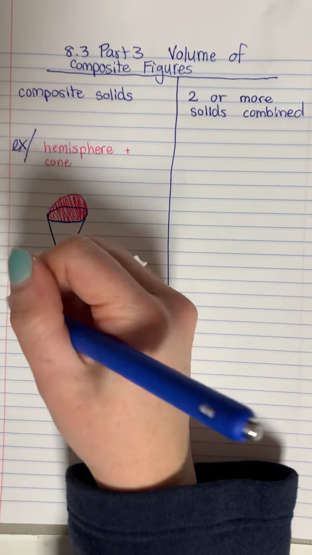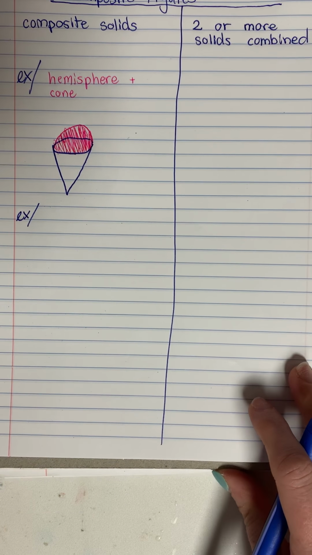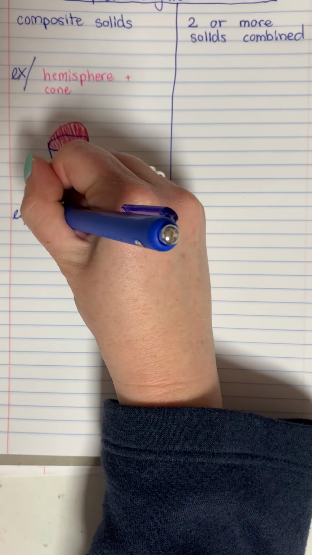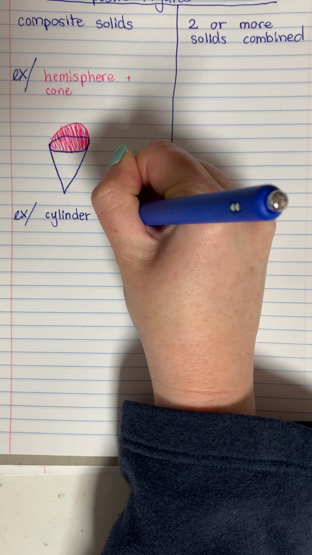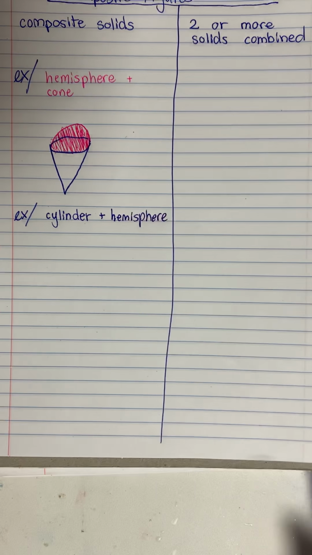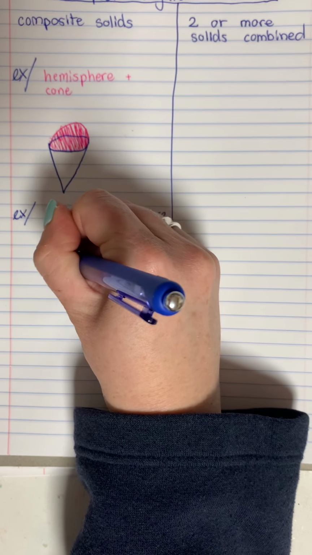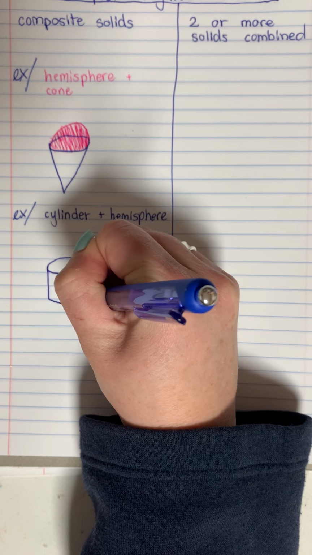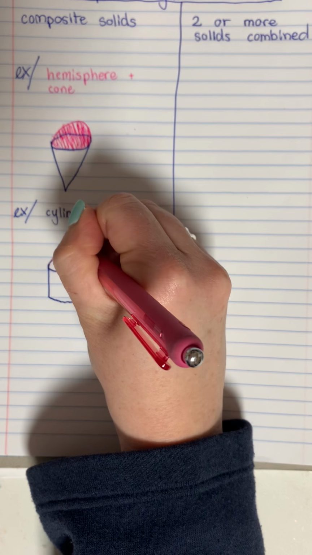Let's combine a cylinder and a hemisphere. Well, our cylinder is like a can, and then our hemisphere is right on top.